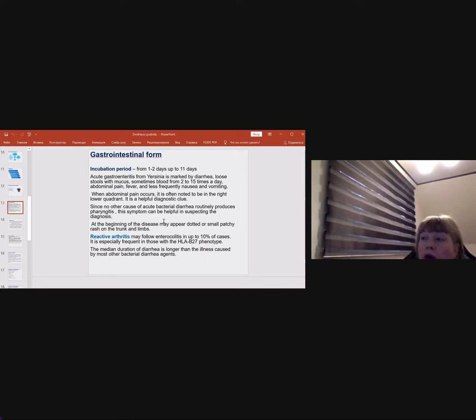Hyperemia of the distal parts of their extremities and edema of these parts of extremities. Sock symptom and glove symptom. And doctors, these symptoms are also connected with the allergic process in yersiniosis.